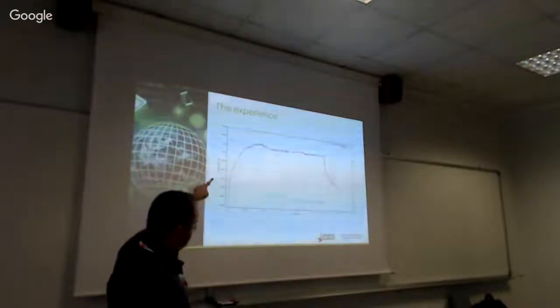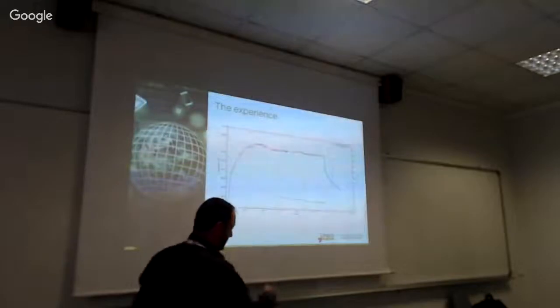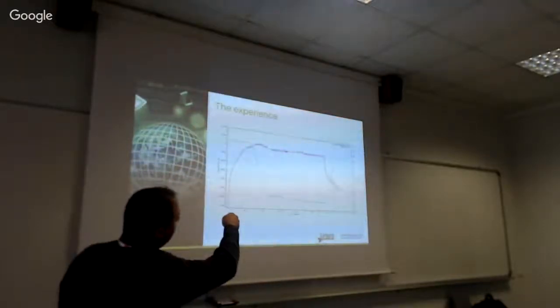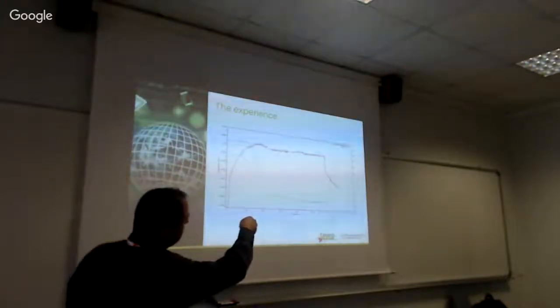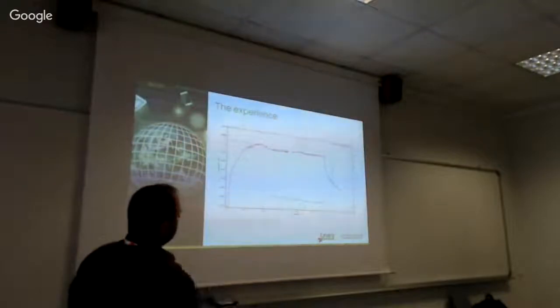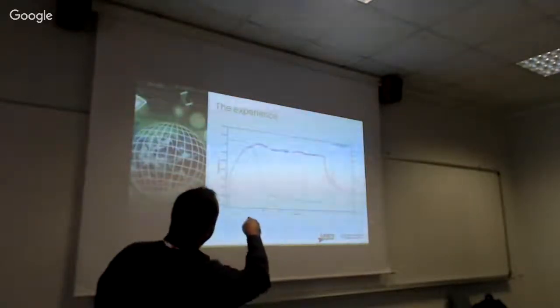And that's the measurement. We see here the temperature increasing until 75 degrees, and it tries to stay at this temperature. The green is the period.